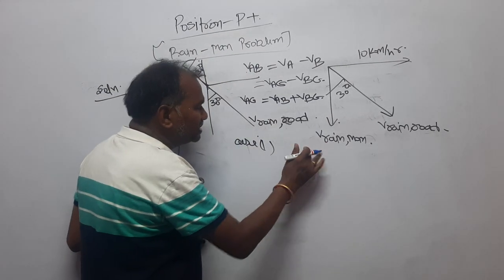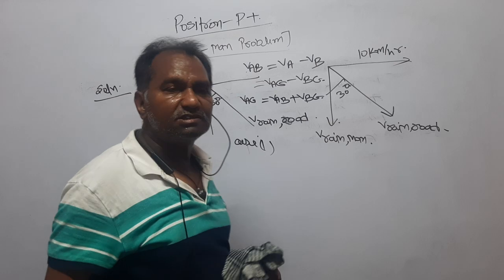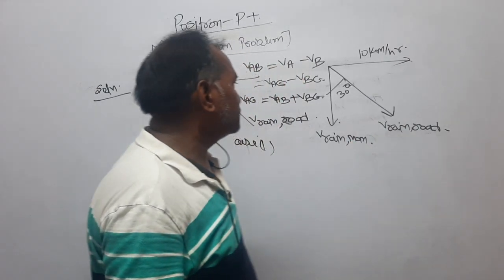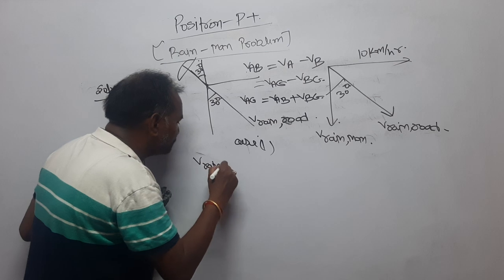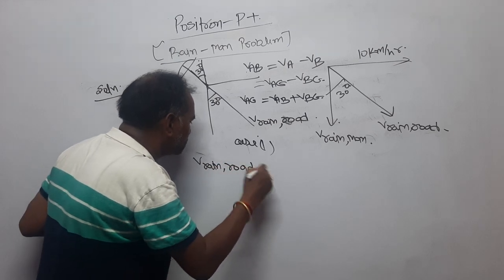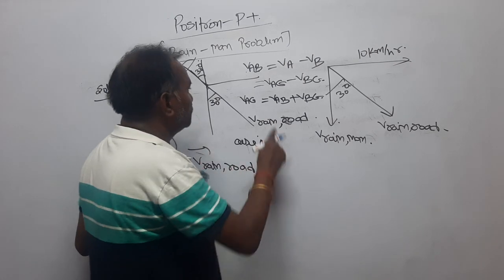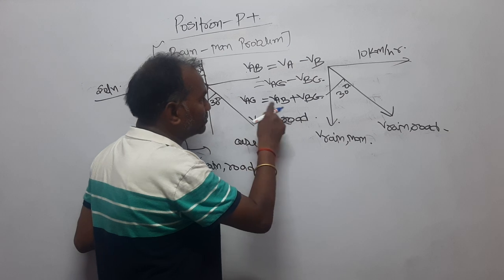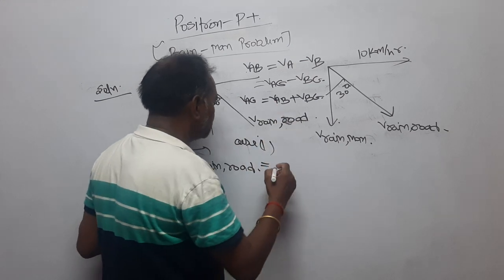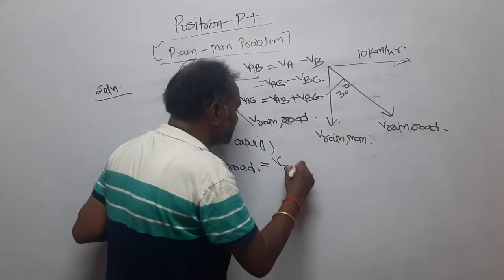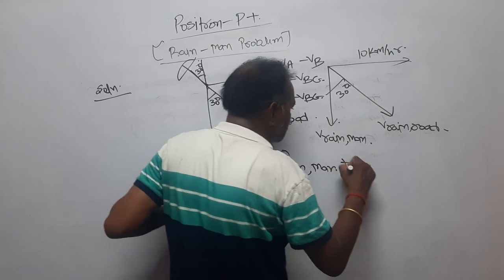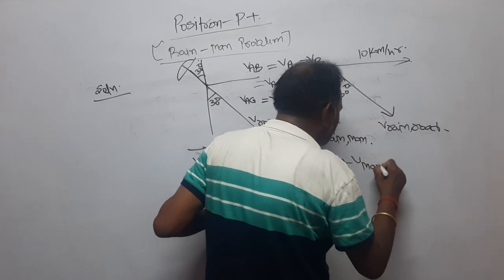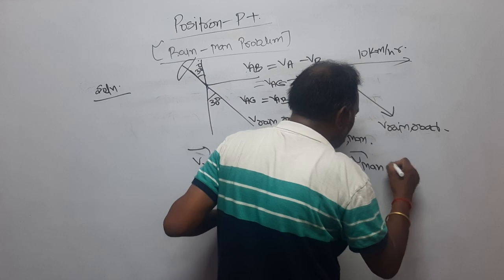In a similar way, this case can be solved like this. You can write velocity of rain with respect to road is equal to velocity of rain with respect to man plus velocity of man with respect to road.